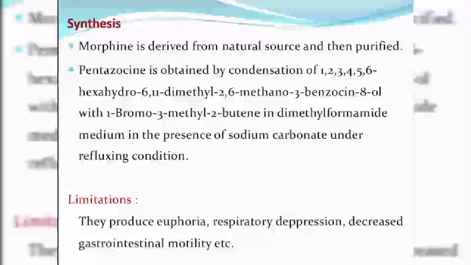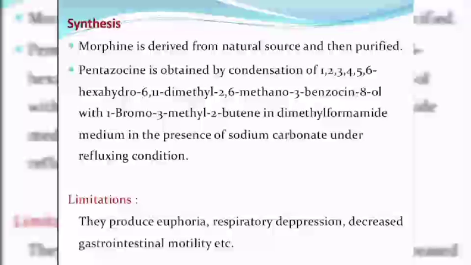Pentazocine is obtained by condensation of 1,2,3,4,5,6-hexahydro-6,11-dimethyl-2,6-methano-3-benzazocin-8-ol, which is an alcoholic compound.